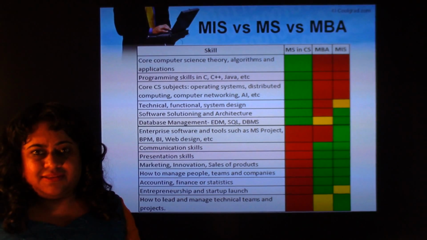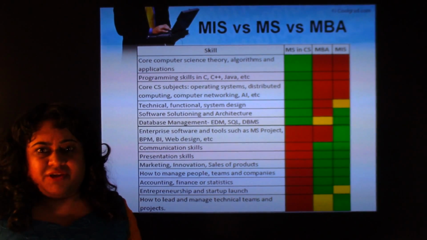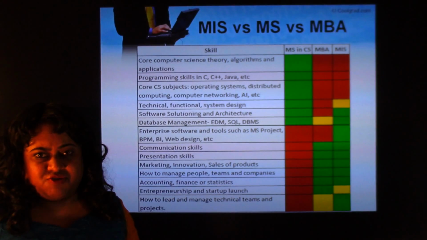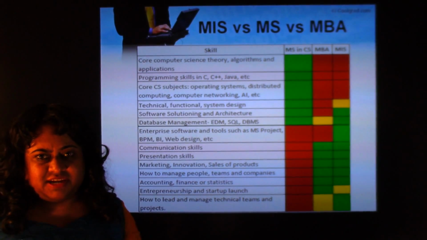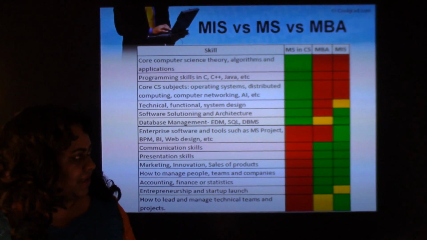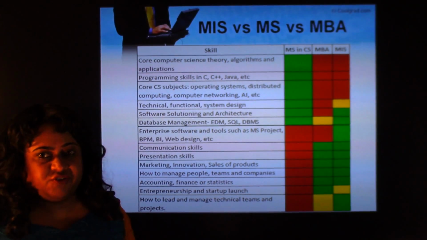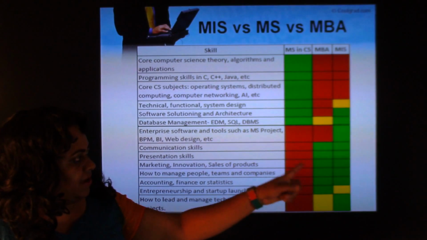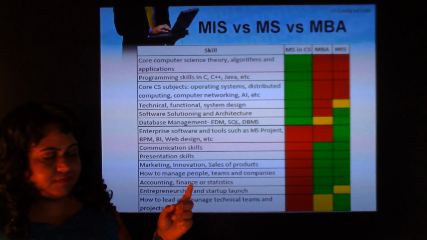How do you handle them with equanimity, without getting tensed and offended? How do you handle such situations? You learn all about negotiations, crisis communication, what to say, what not to say, how to make PowerPoints and things like that. It's very useful. You want to learn presentation skills, then it's about MBA or MIS, but not MS.